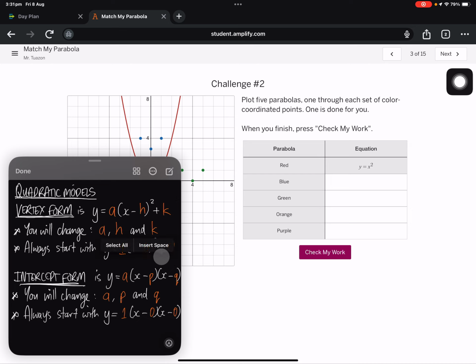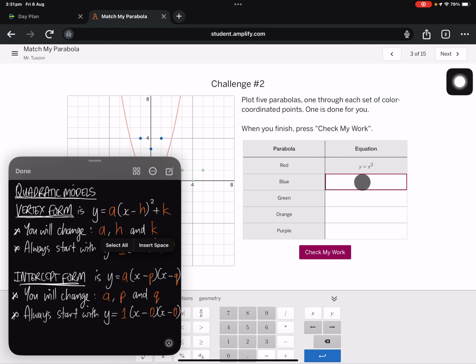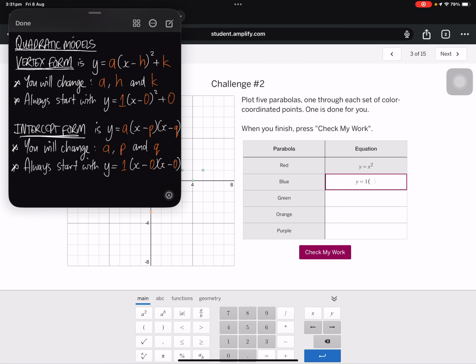So in the blue one here on the right, I'm going to draw that suggested default one, starting one: y is equal to 1 bracket x take nothing bracket, then the square, and plus 0.